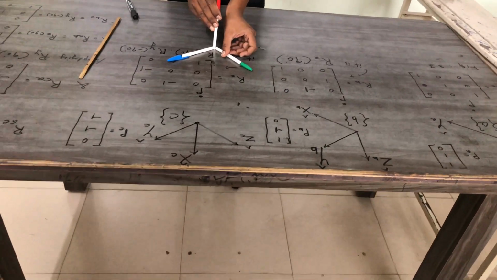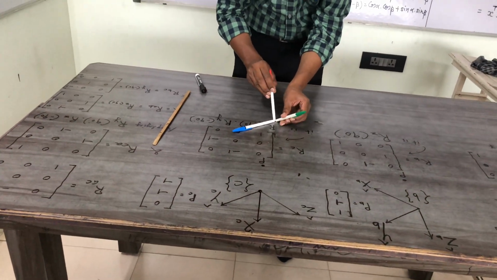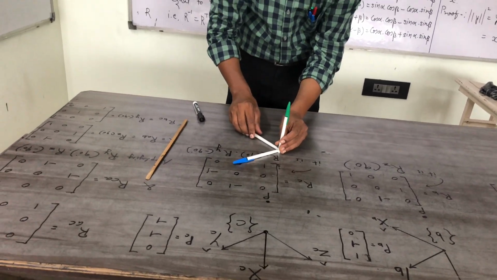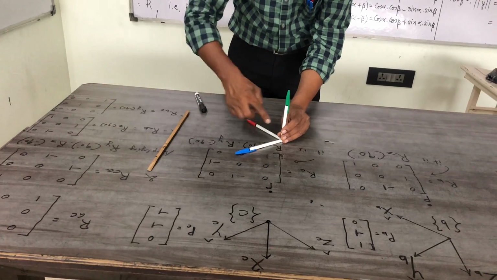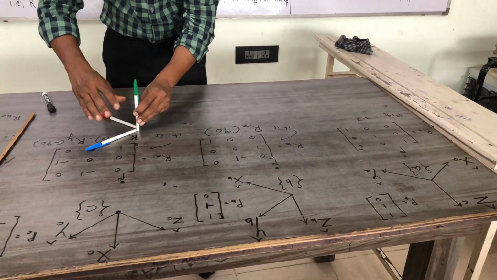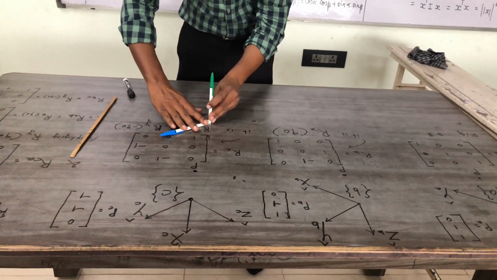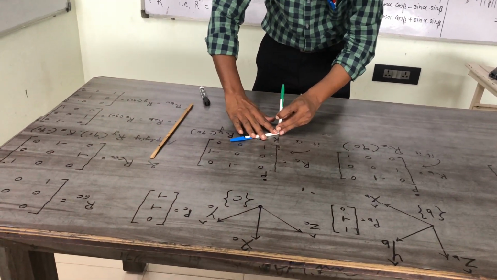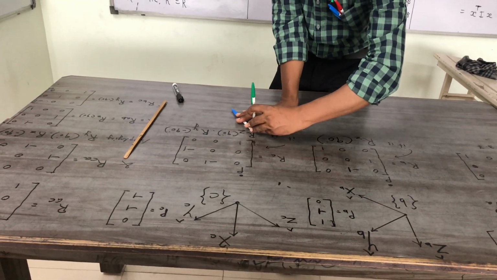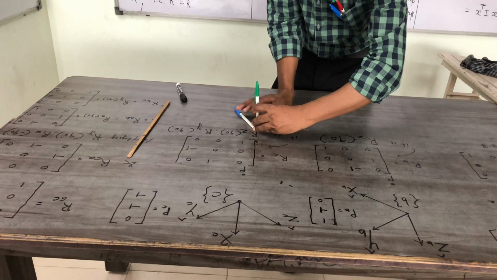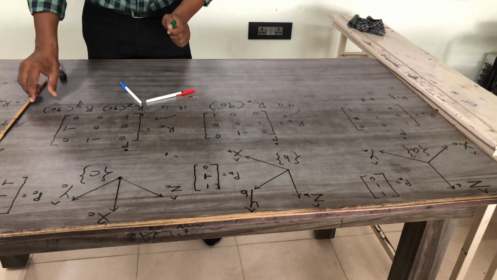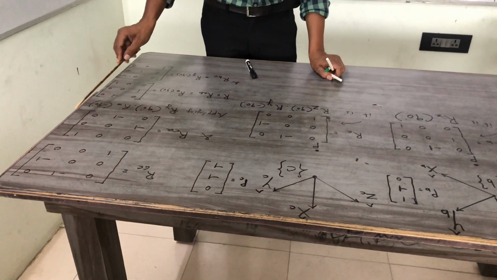First rotating about Y, Z to X, it is RY90. And then if we rotate about Z this way, RZ minus 90, we get this frame. So applying RY90, RZ minus 90, we get this.